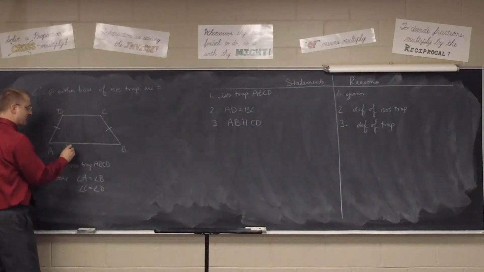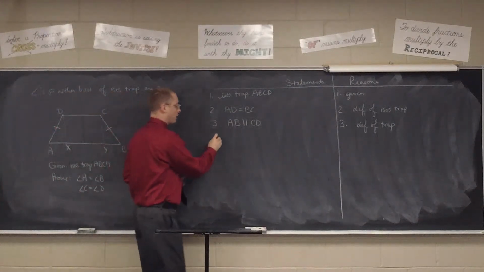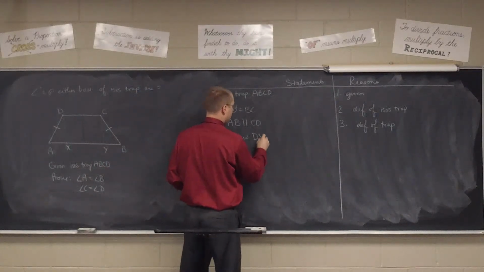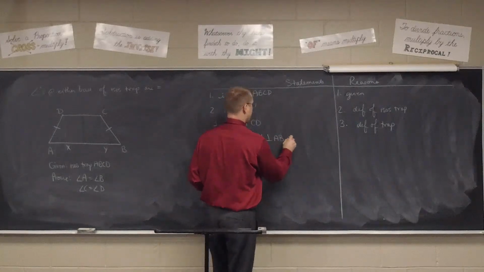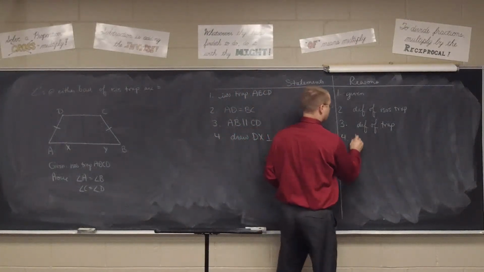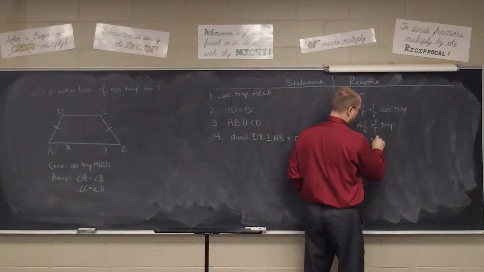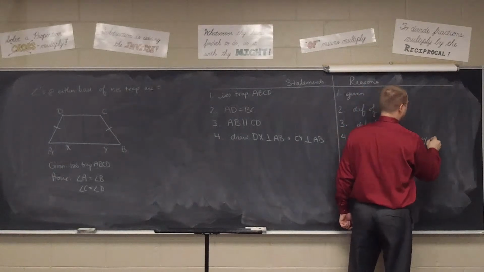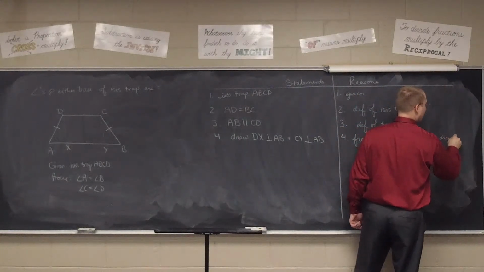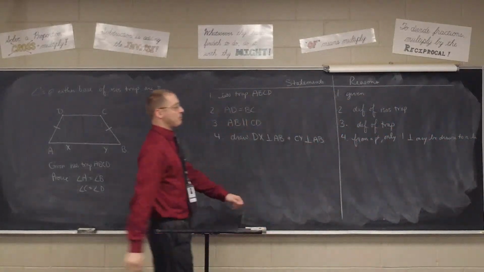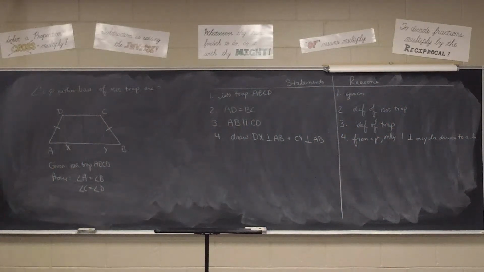Let's call these points X and Y. So number 4, let's say draw DX perpendicular to AB and CY perpendicular to AB, because from a point only one perpendicular may be drawn to a line.